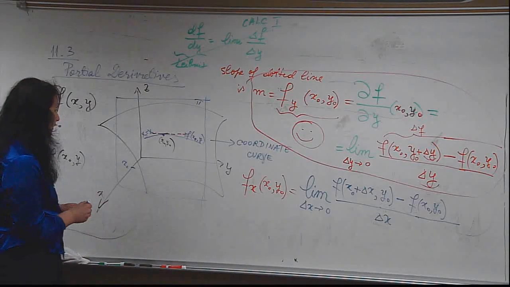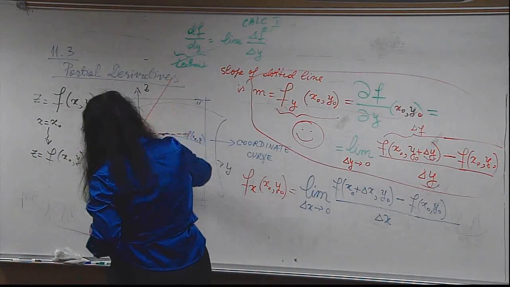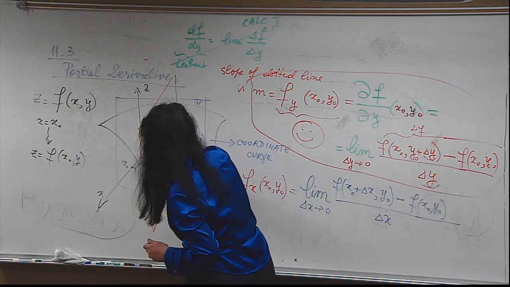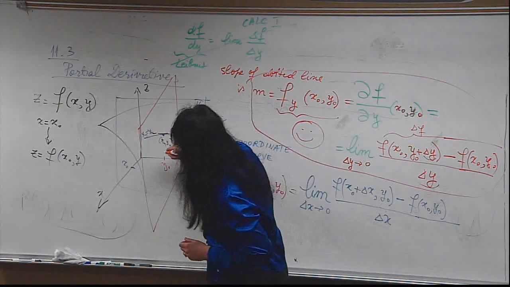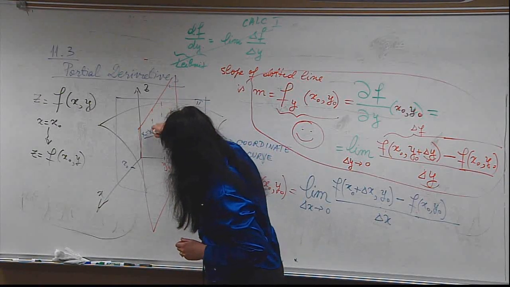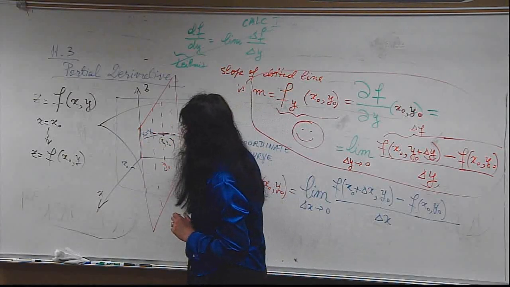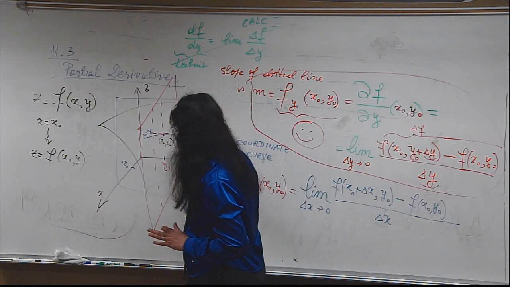Can I draw? For y0, I would need to take this other plane through y0. Where is y0? Here. Is my drawing good enough? So I have this plane. What does the other coordinate curve look like?